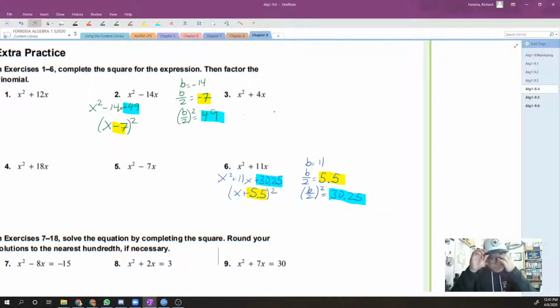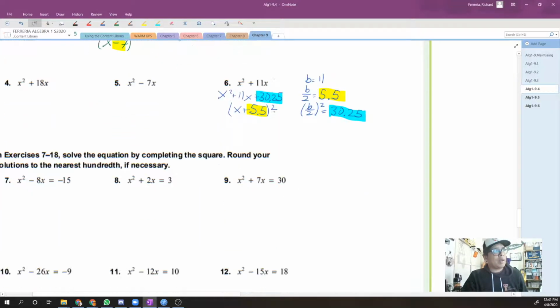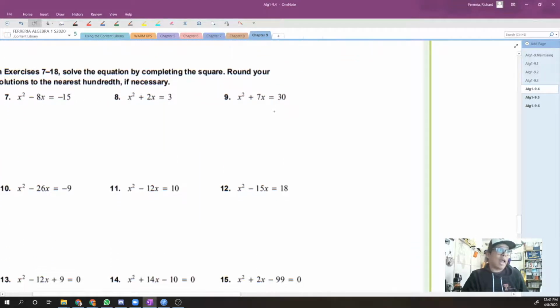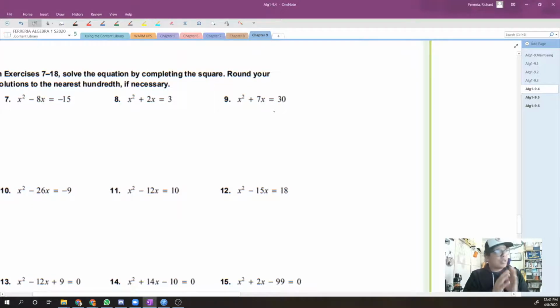We're going to bring this factoring, or completing the square, into use in an actual equation this time. So let's take a look at question 9 and ask, is this in the form of x squared plus bx equals d? And of course it is.